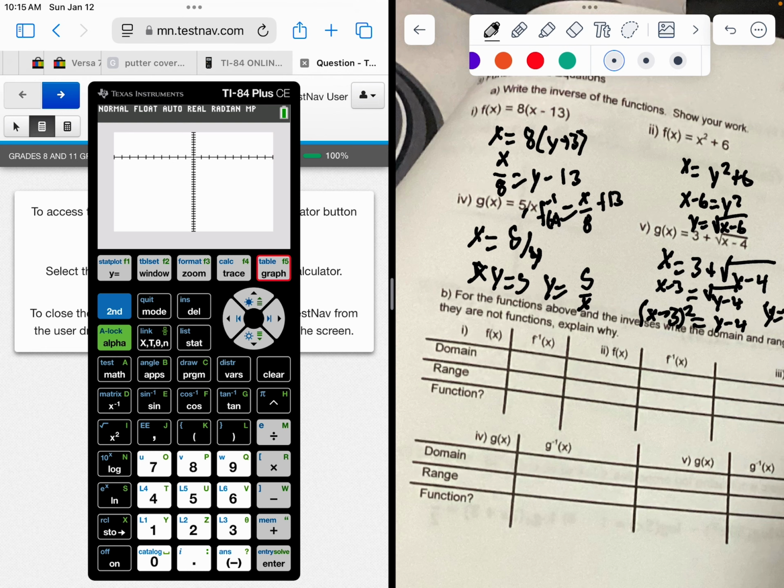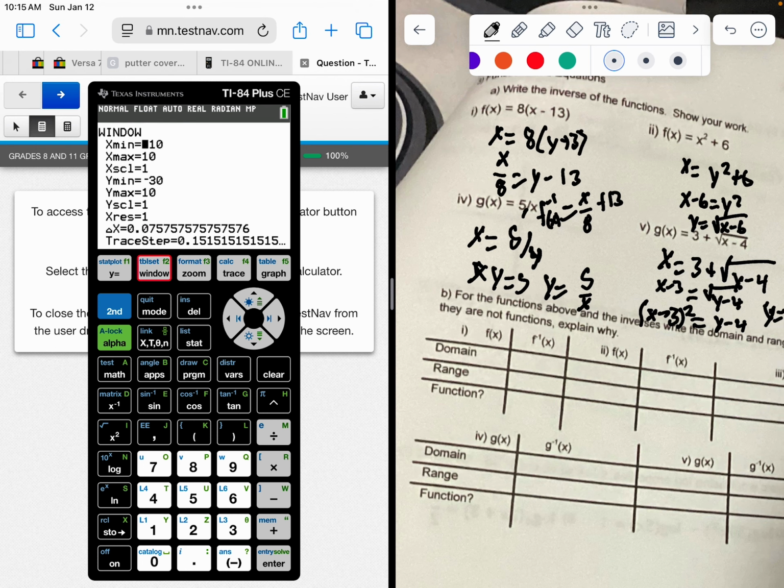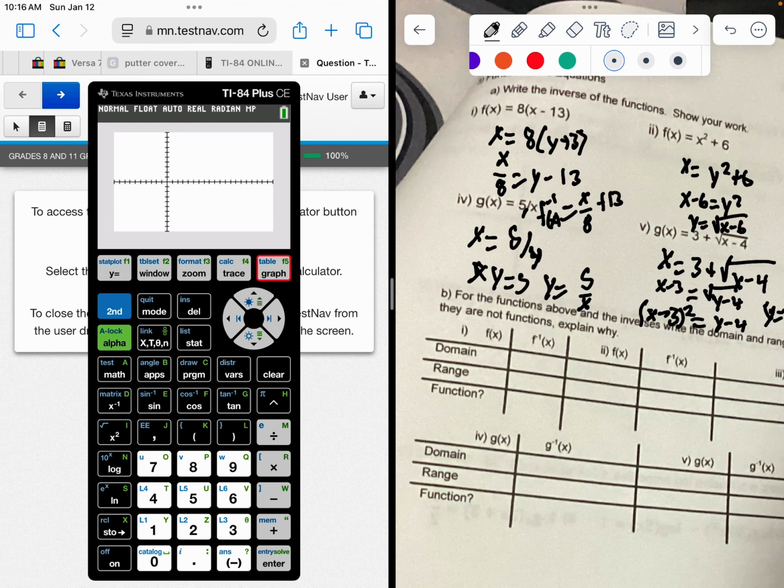Graph that thing. Change the window. It's not showing it.